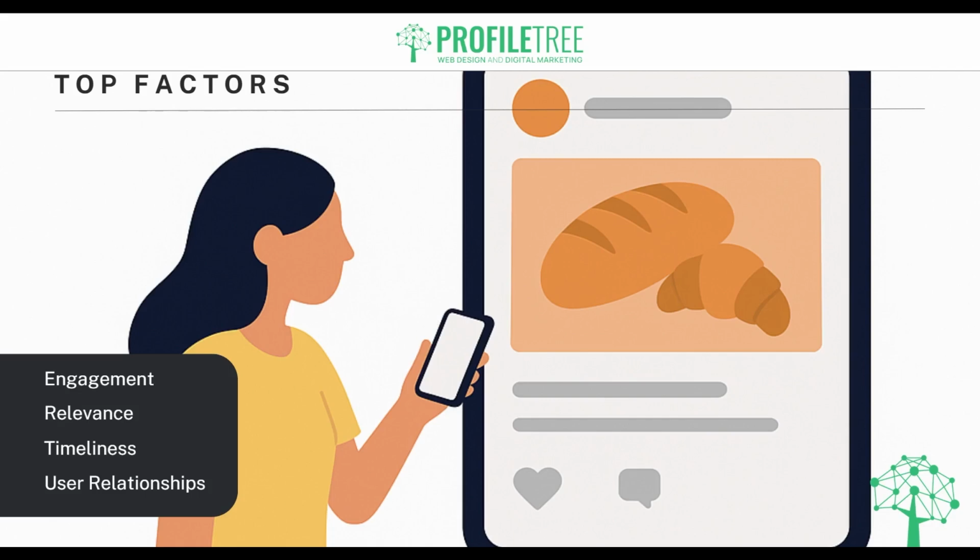Now, one top factor that I've not mentioned here is the content type. Different types of content get treated differently. As I've mentioned there, video content, for instance, you'll tend to get a lot more engagement, and it may even be prioritized in certain feeds. Another one would be stories as well as live videos.